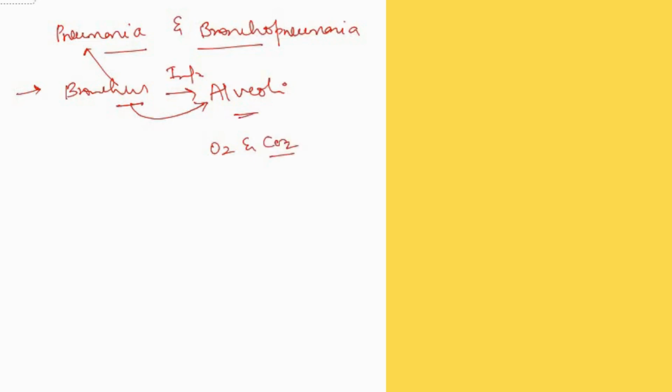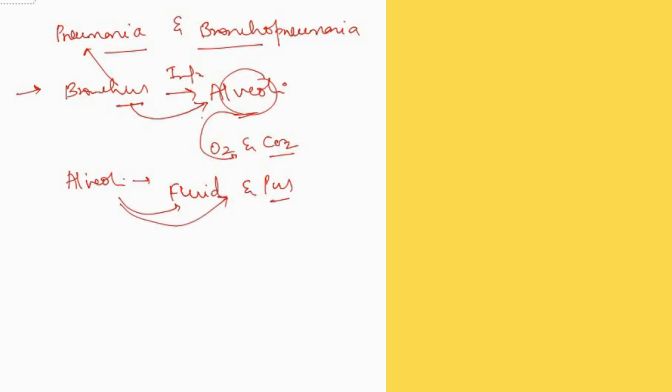When they are inflamed, there will be impaired exchange of gases. Pneumonia is the inflammation of alveoli where there will be altered exchange of oxygen and carbon dioxide. What happens when there is pneumonia? The alveoli are filled with fluid and pus. Hence, there will be impaired exchange of gases.